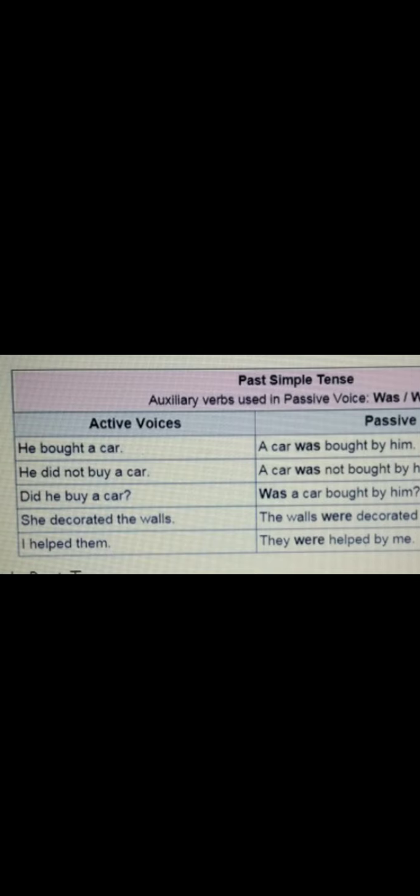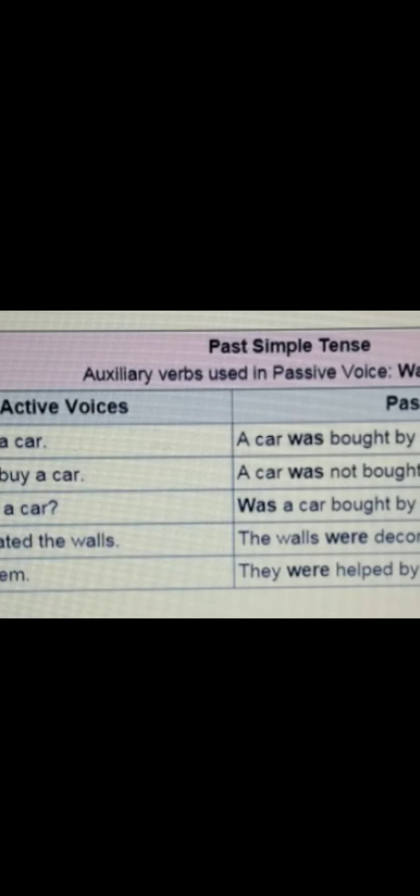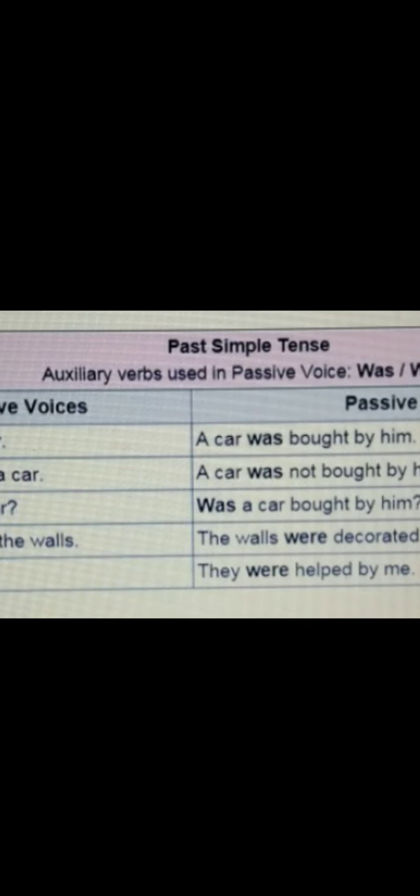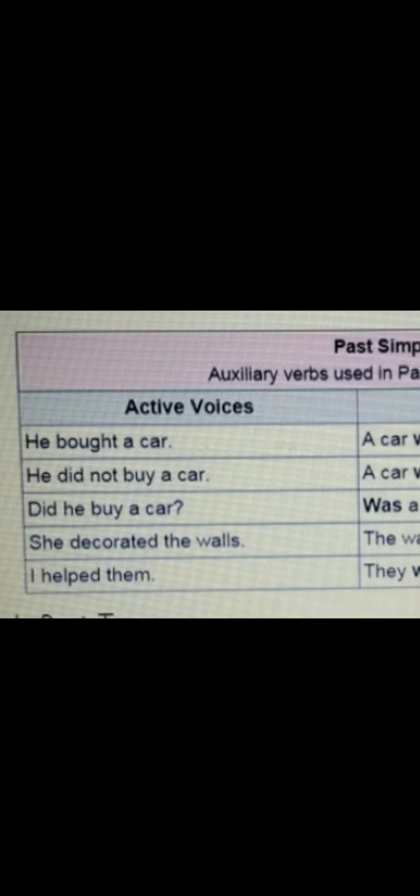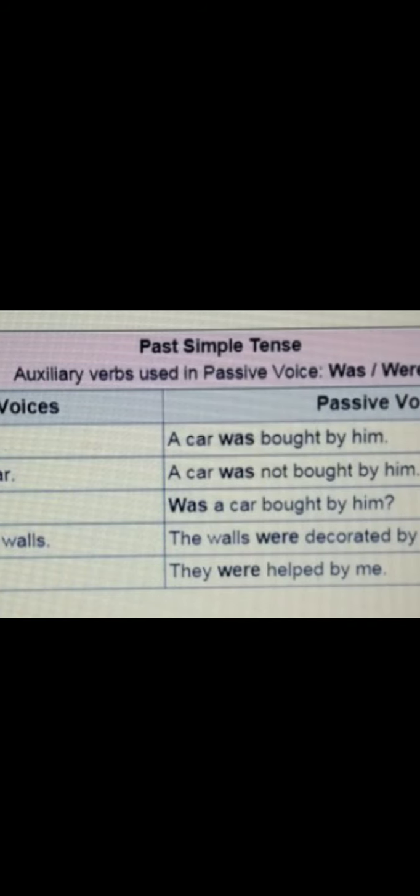I helped them: them is the objective case of they. So the subjective case they is plural, that's why we write were. Helped, third form of verb or past participle, then by, and me, the objective case of I. So that was the topic of today. Hope you got it. If you have any confusion, you may ask.